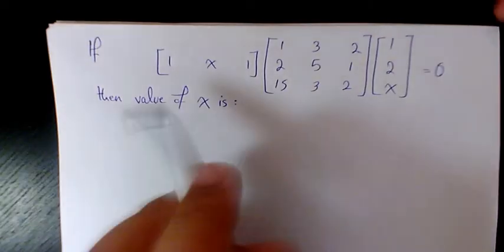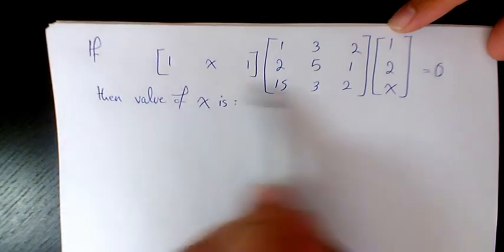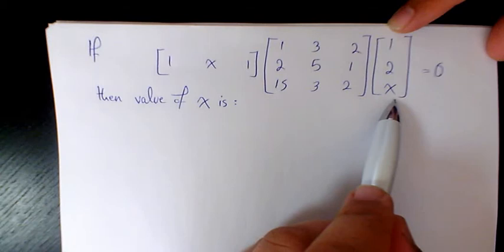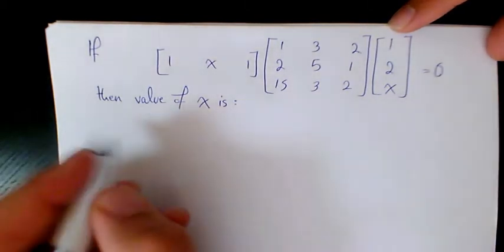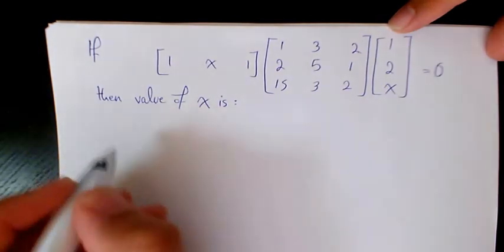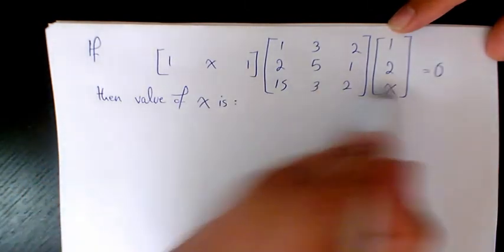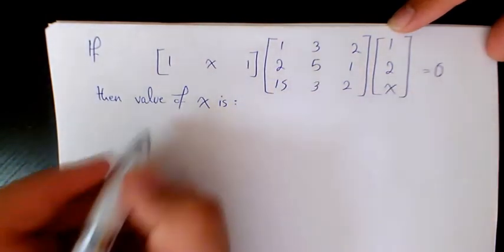In the next example, it's saying that if this matrix, which is 1 by 3, and here we have a 3 by 3 matrix, and here we have a 3 by 1 matrix, equals 0, then the value of x is, so it means that we need to multiply. So let's multiply these two first. Doesn't matter, but let's do this one first.